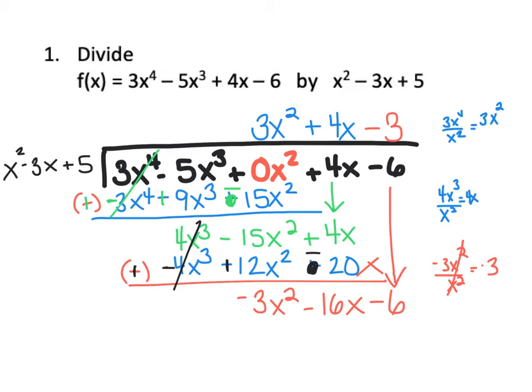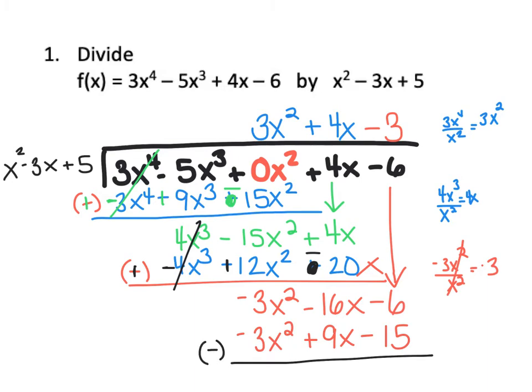Distributing, rather, I would do negative 3 times this trinomial, which would give me negative 3x squared plus 9x minus 15. Draw my line, back to subtracting. Well, that means I'm going to be distributing, so change it to addition, and then every sign changes.